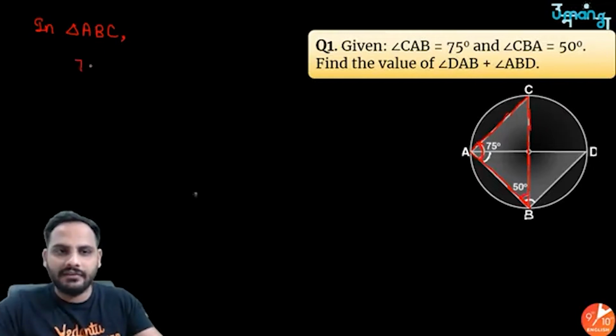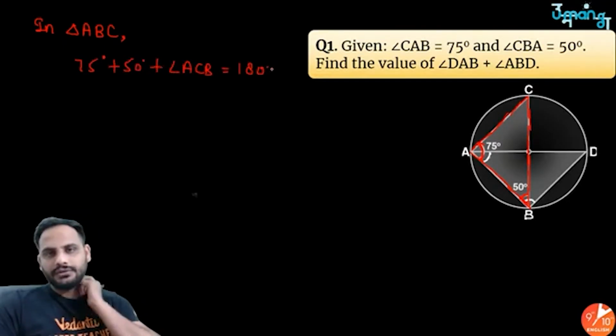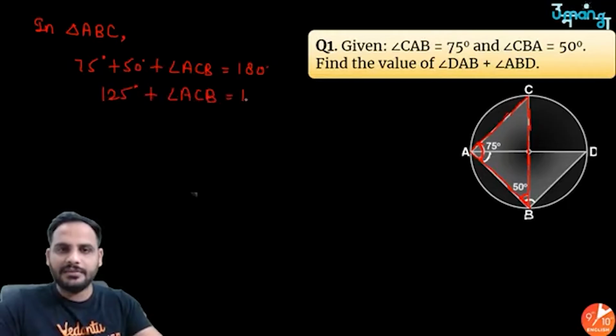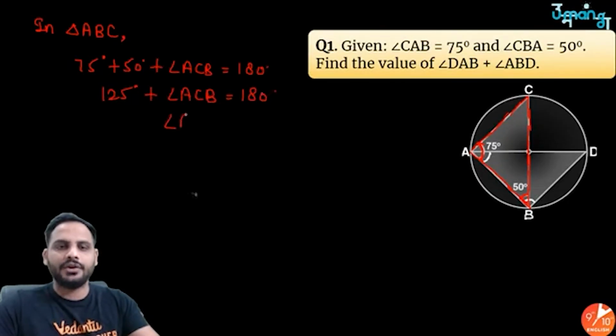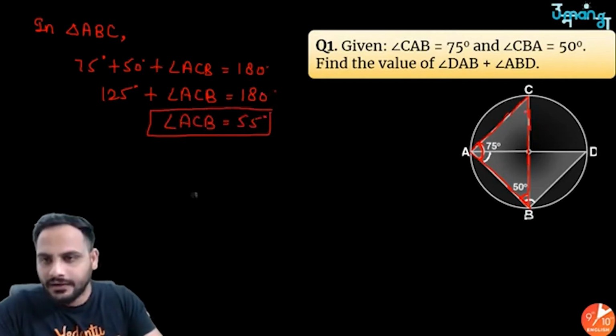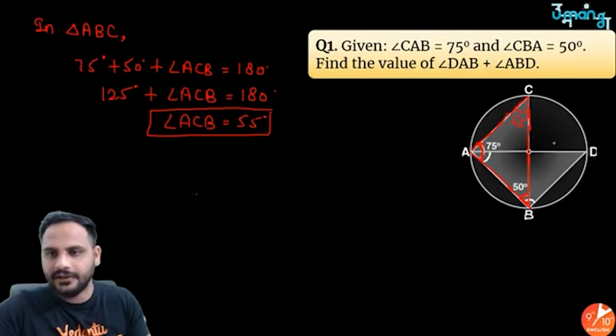So I can say 75 degrees plus 50 degrees plus angle ACB is equal to 180 degrees. Yes or no? Correct. So after this we have got 125 degrees plus angle ACB is equal to 180 degrees. From here you have got angle ACB is equal to 55 degrees. This angle is equal to 55 degrees.